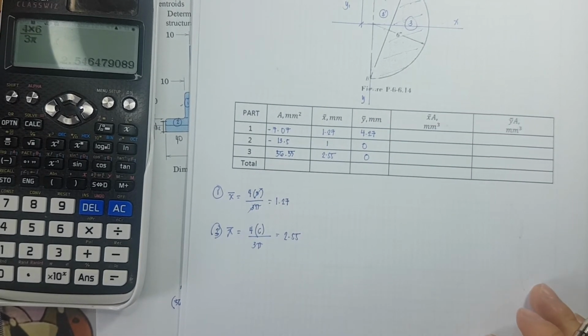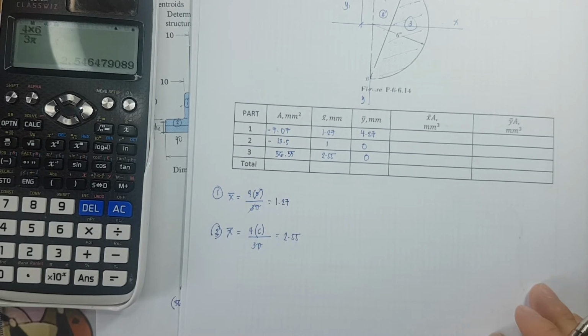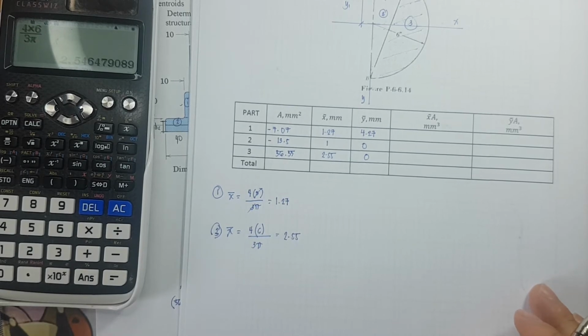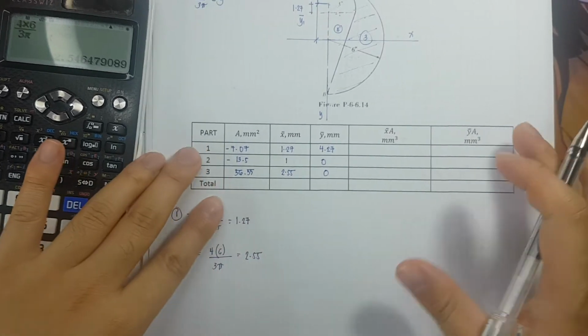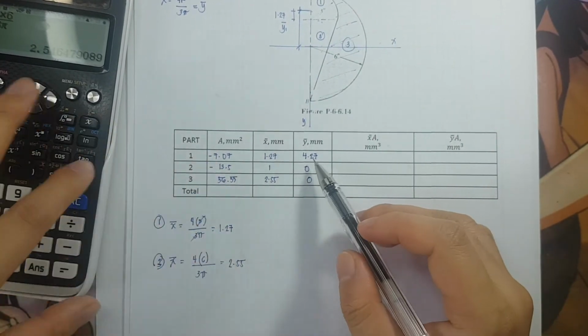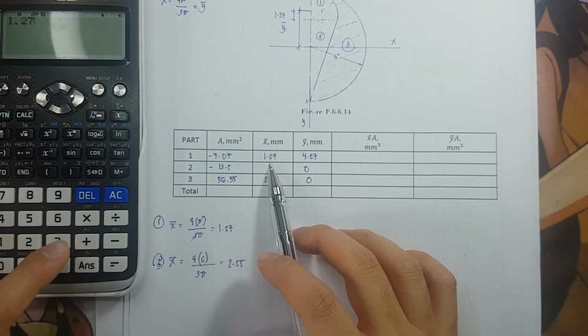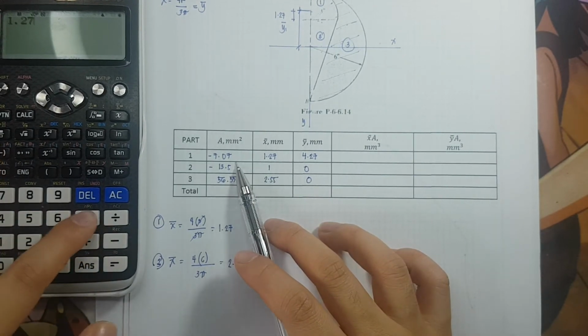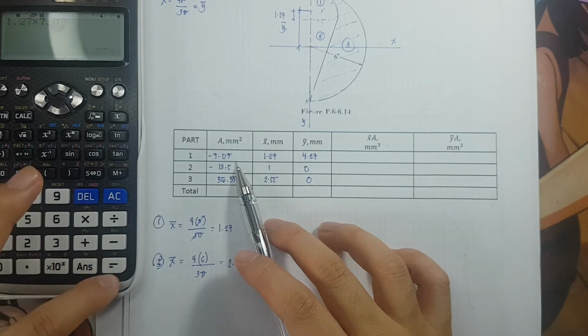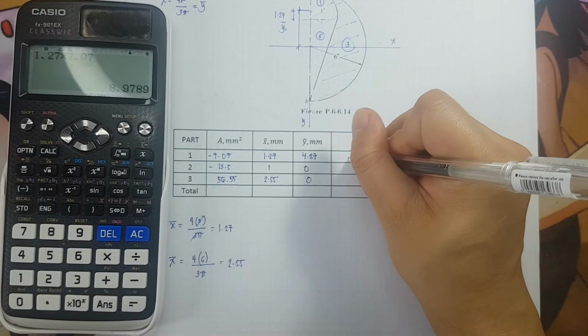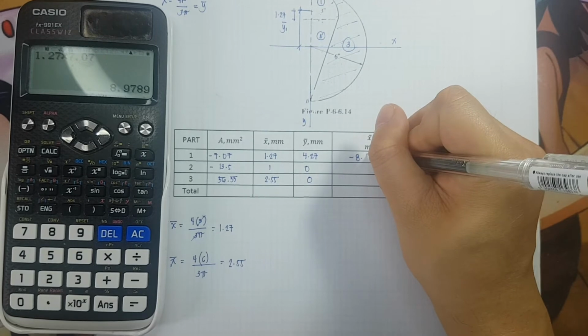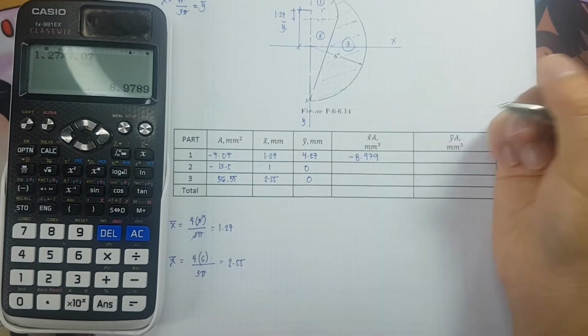So we can now solve for x bar times A and y bar times A. For part 1, 1.27 times 7.07 is negative 8.979.